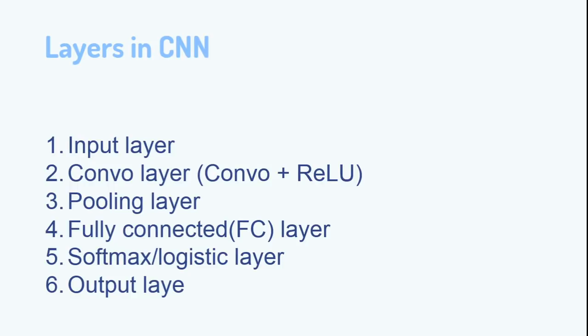Fully connected means we need to connect all the neurons, so each and every neuron will be connected with the fully connected layers. After that, the next one is Softmax. Softmax and logistic are used to predict the output, and then comes the output layer.